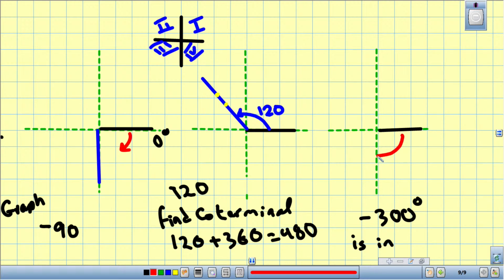I passed negative 90. This is negative 90 here. I passed negative 180. Thank you.